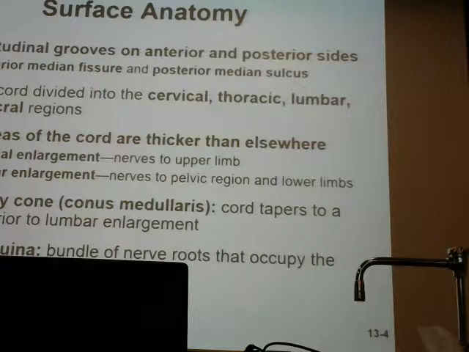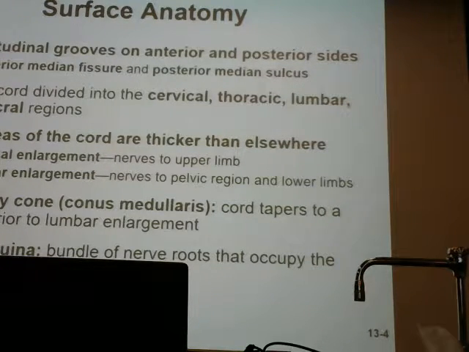Guess what? These are going to be nerves for what? For your arm. For my arm, and in the lumbar region, my leg. So you've got these 2 enlarged areas so that those nerves can feed the upper and the lower extremities.